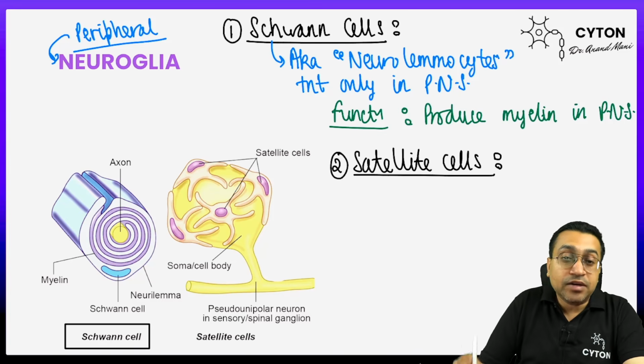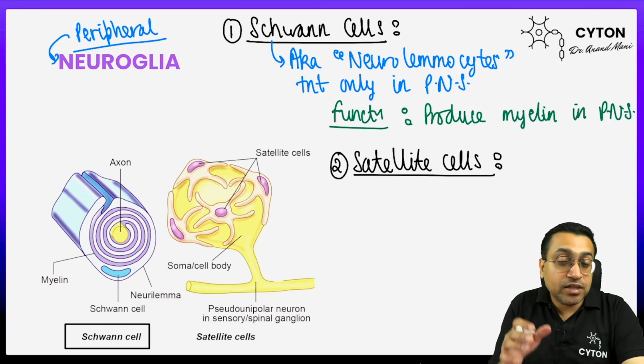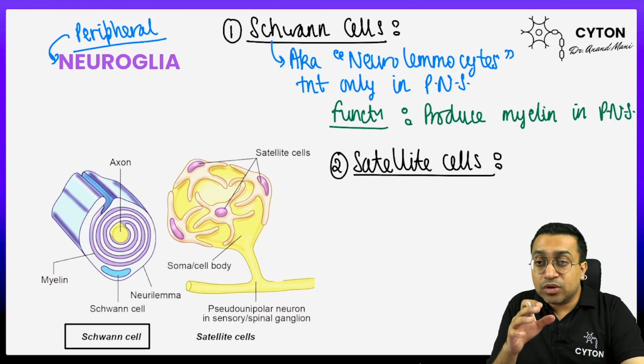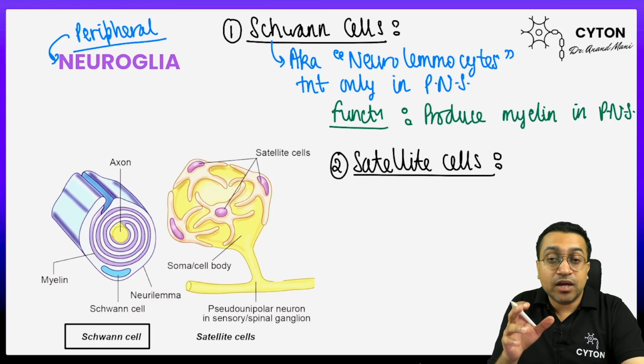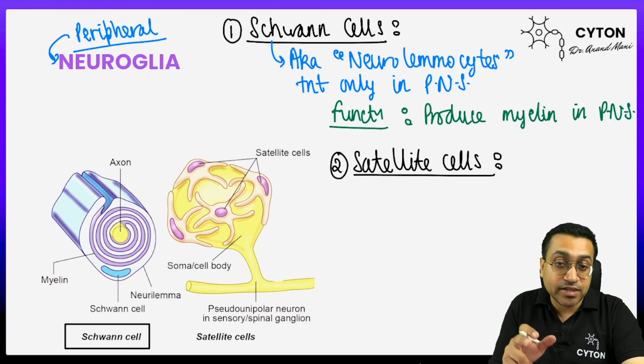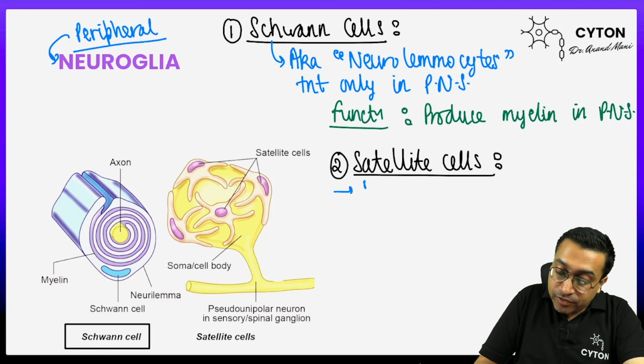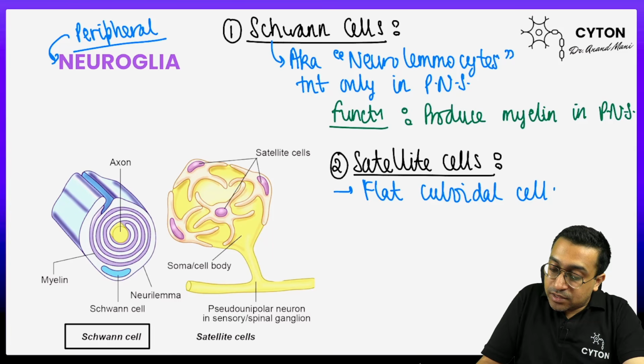In the ganglia, the collection of neuronal cell bodies outside the CNS, the neuronal bodies are surrounded by a layer of flat cuboidal cells, and these are known as satellite cells.